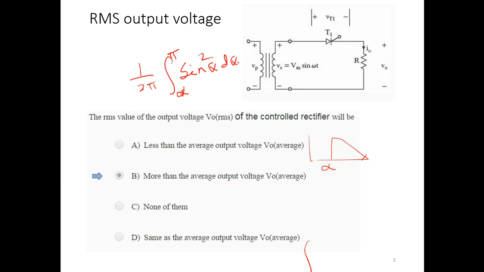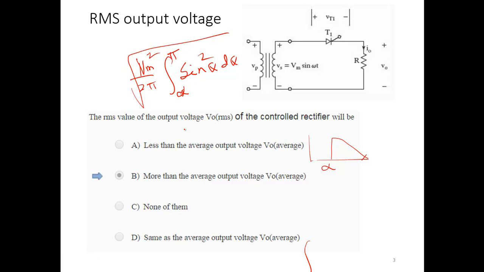You take the square of VM sine theta, take the mean of that, and then take the root, giving the root mean square.